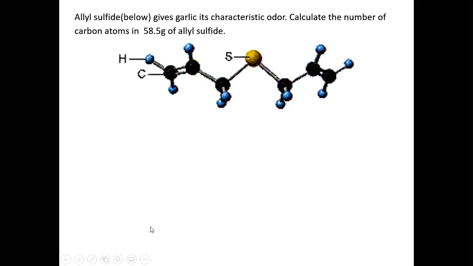And one last example here, we have the structural formula of allyl sulfide, which gives garlic its characteristic odor. Calculate the number of carbon atoms in 58.5 grams of allyl sulfide. So again, we notice here, if we count the number of carbon atoms, each black sphere represents a carbon atom.